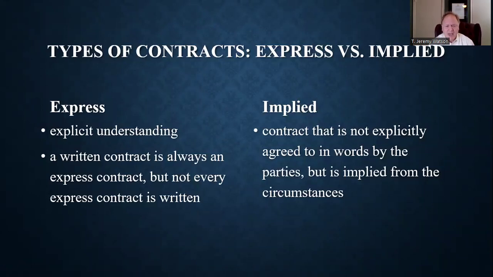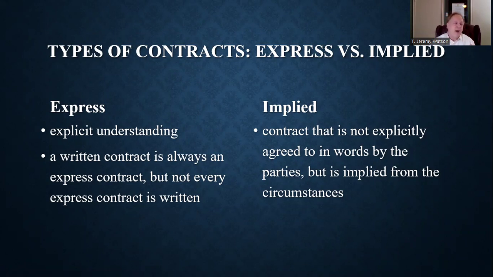And we need those to make commerce work, so that we can trade goods and services. If they weren't enforceable, then commerce would grind to a halt. So an implied contract is a contract where the terms of the agreement haven't been explicitly stated in words, but where the terms can be implied from the circumstances.